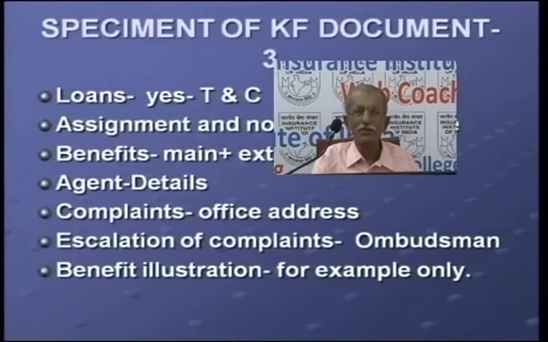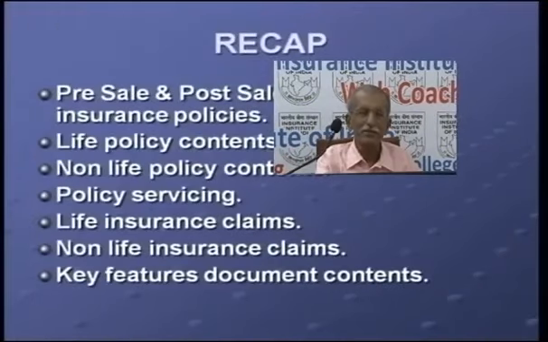So the insurance ombudsman in case of life insurance. The IRDA address also can be given. They also handle the complaints. Benefit illustration: if any benefits are mentioned, generally under ULIP policies, an example is to be given in an easily understandable manner.